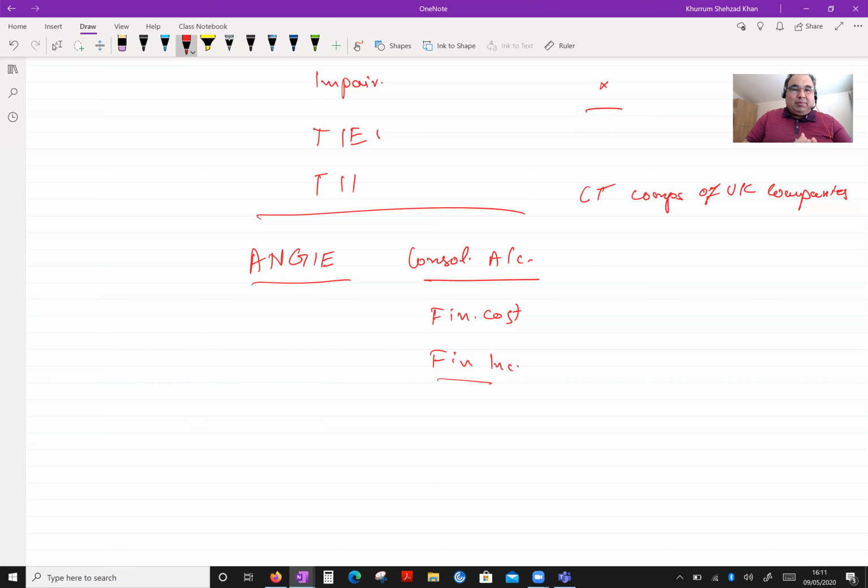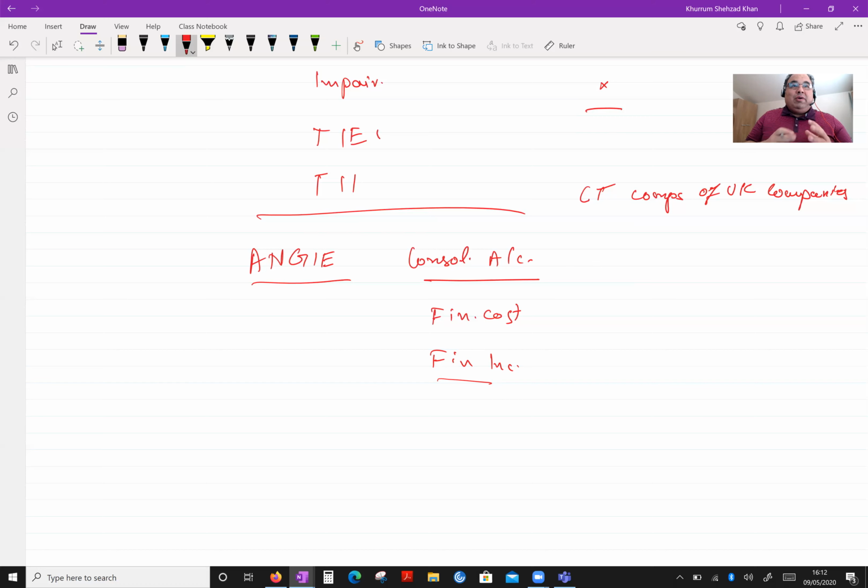But for tax purposes, HMRC allows that if you borrowed money to do some kind of capital expenditure and you paid interest on it, you can still get the deduction. So for tax purposes, you will get a deduction for that £10,000 interest which you paid while building that factory. All right. So when you look at consolidated accounts, that interest expense won't be in the P&L.